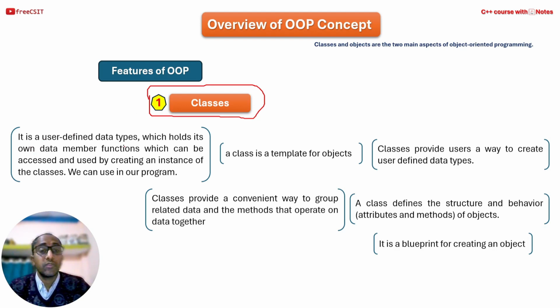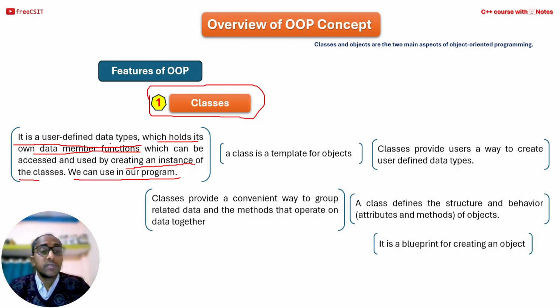You can search from anywhere, but here is the concept of what a class is in simple language that might be easy to understand. It is a user defined data type which holds its own data members and functions, which can be accessed and used by creating an instance of the class in our program.